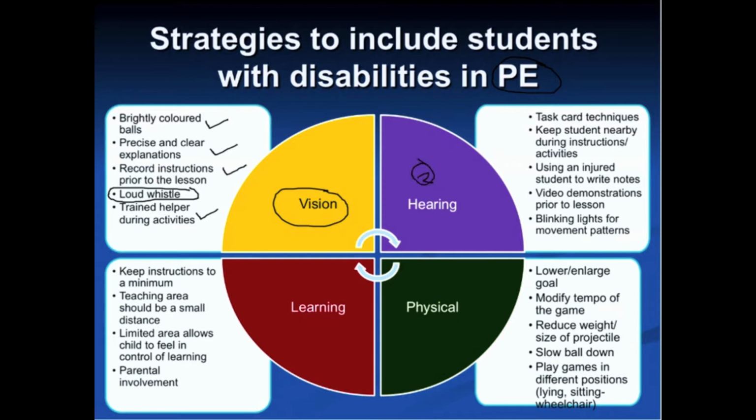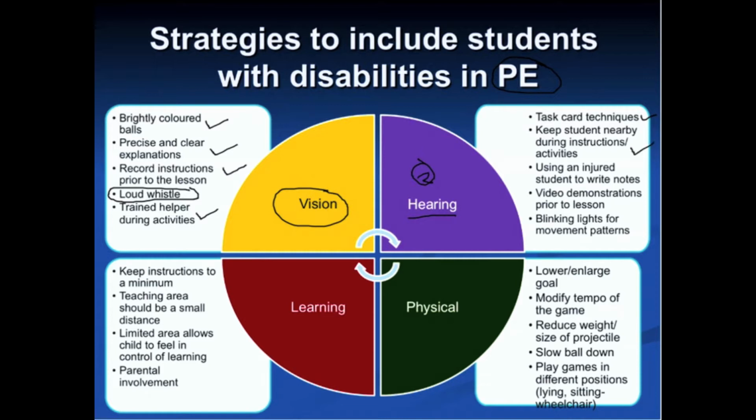The second one there is for hearing impaired. Some of the strategies that you could use are task card techniques, and I was going to set some of those up for our tabloid just last week on Friday, and that could be good just to be able to visually get your head around some of the activities.